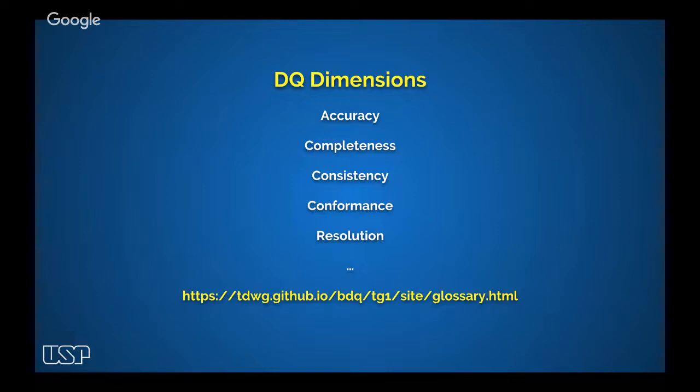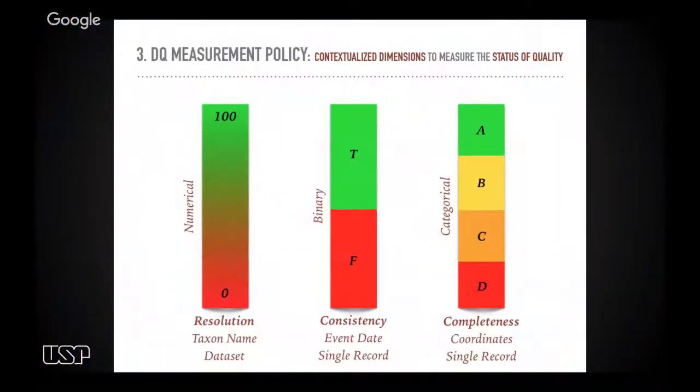So, for example, completeness of coordinates, consistency of taxonomy, or the resolution of the date. I can measure these dimensions using numerical values, numerical variables.